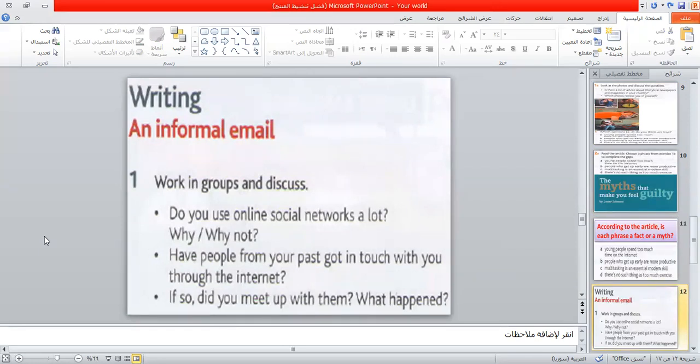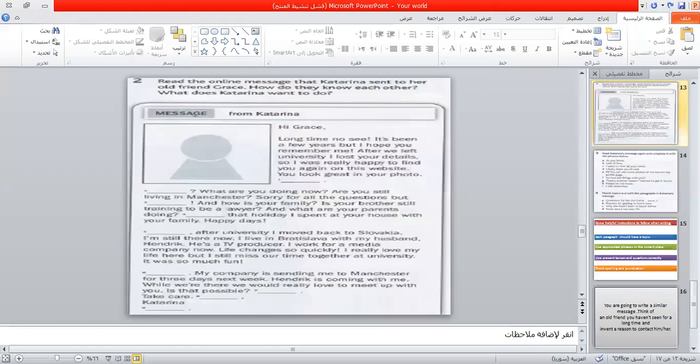And then we will go back to the main session and see some answers and discuss them and see some opinions of students. Then we will go to the writing section, which is a message, an email.